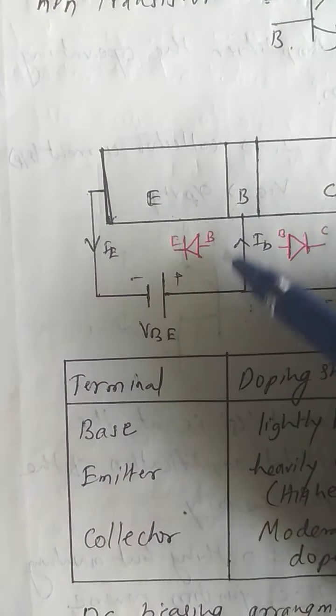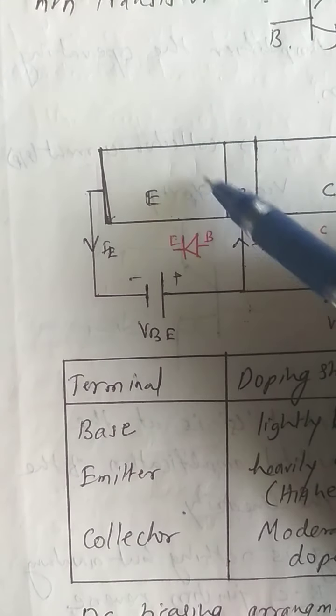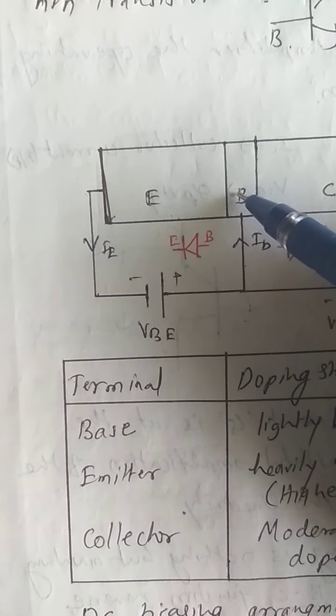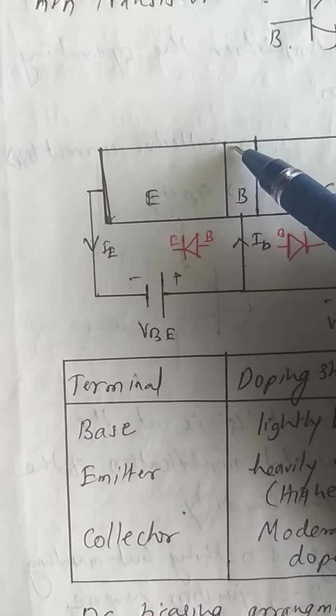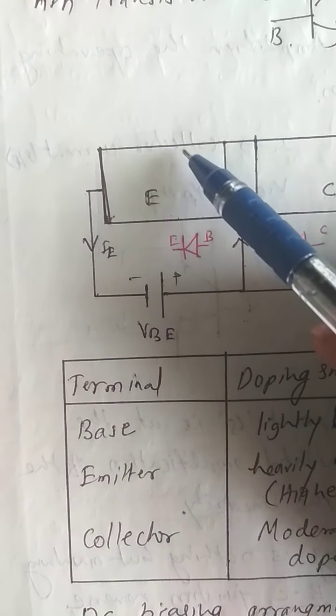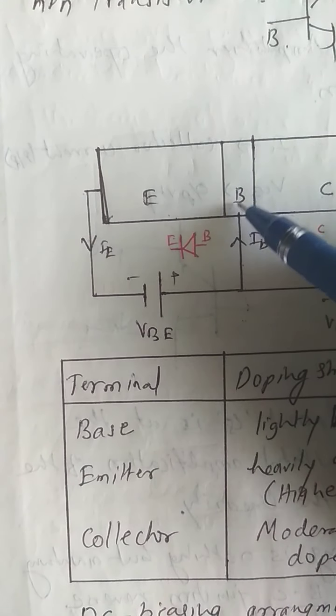With this arrangement, the electrons present in the emitter will be pushed, or we can say pulled, into the base. But for the recombination process to happen, we have a limited number of holes. We can take an example: say we have 100 electrons present in the emitter and only 10 holes.